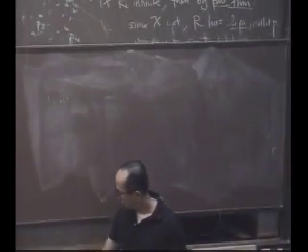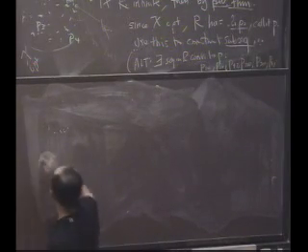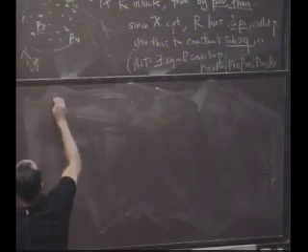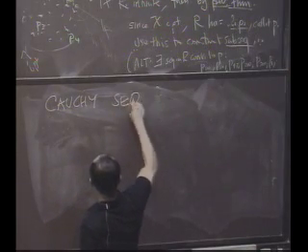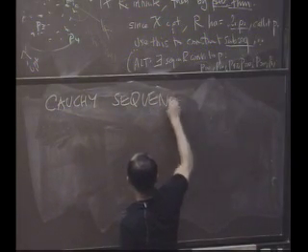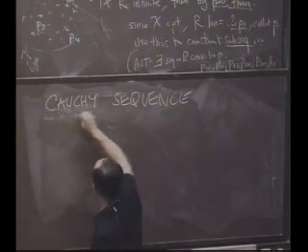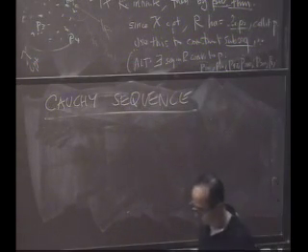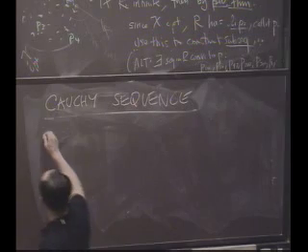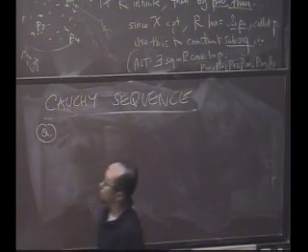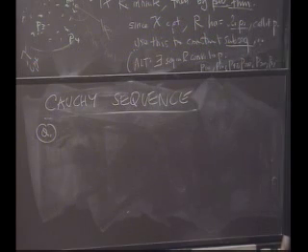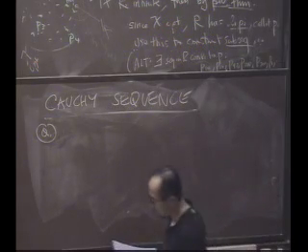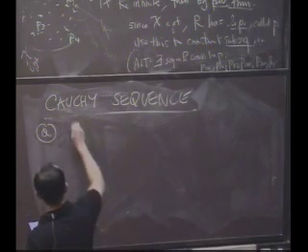Okay, so the other thing that I wanted to begin talking about is the very, very important notion of a Cauchy sequence. What is a Cauchy sequence? Named after the mathematician Cauchy. Now, the whole point of studying Cauchy sequences is to try to get a handle on the following question.